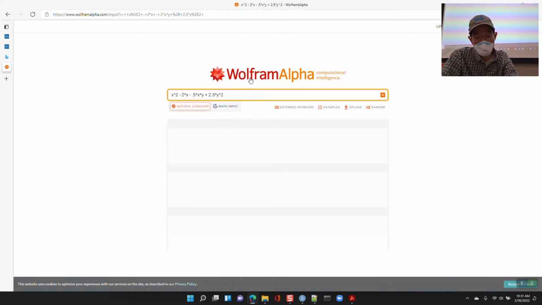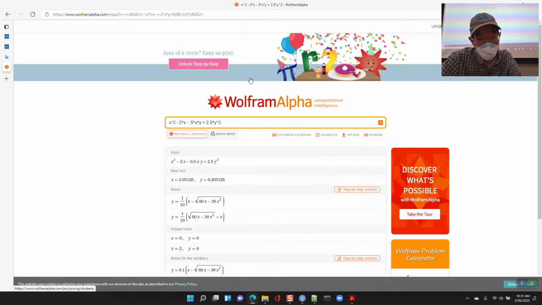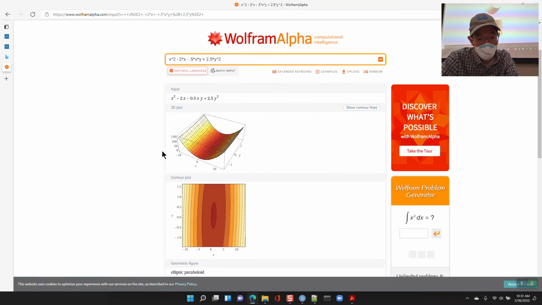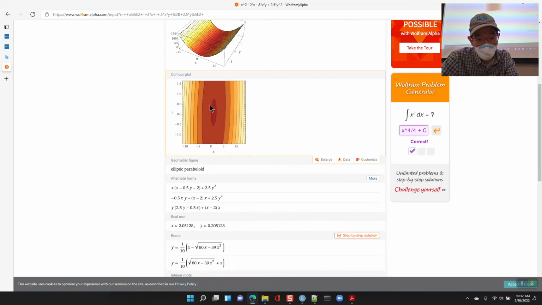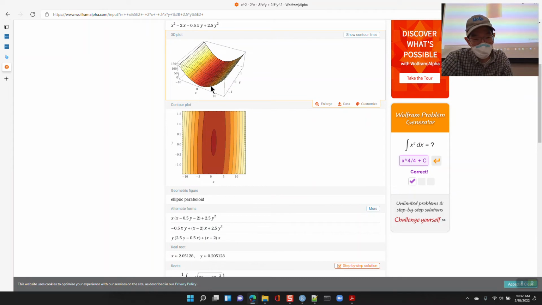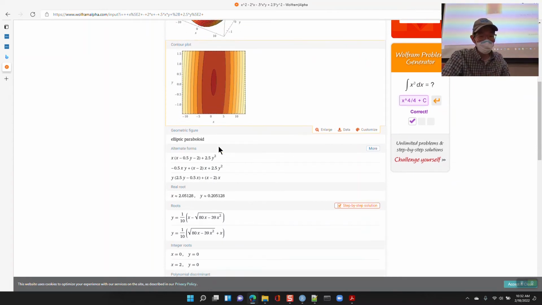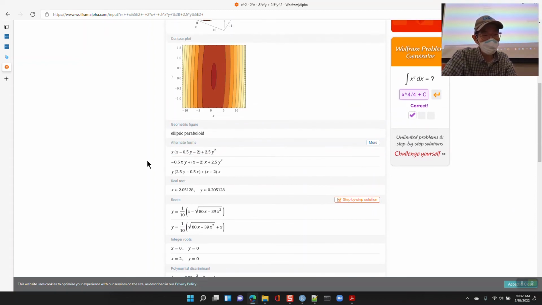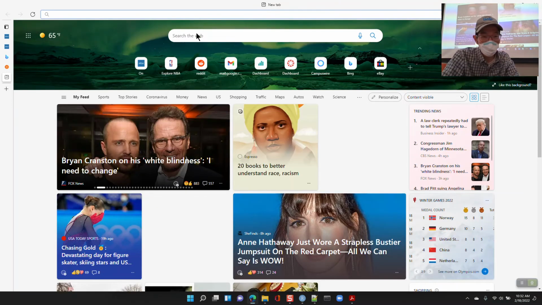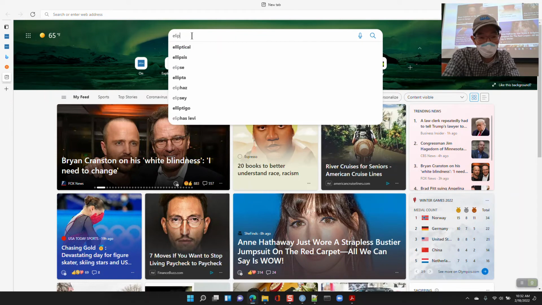Okay, there we go. All right. Okay, so this doesn't look quite right. I don't know why it looks like this, but it's an elliptic paraboloid, which let me show you what an elliptic paraboloid is.